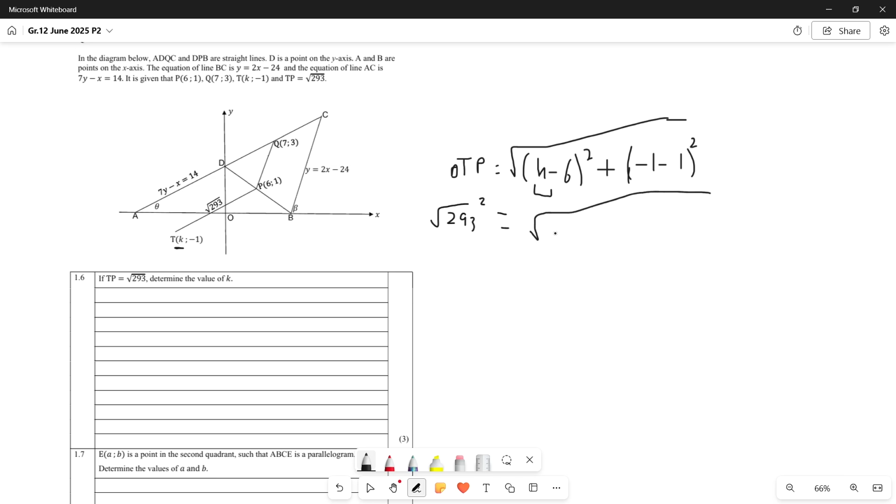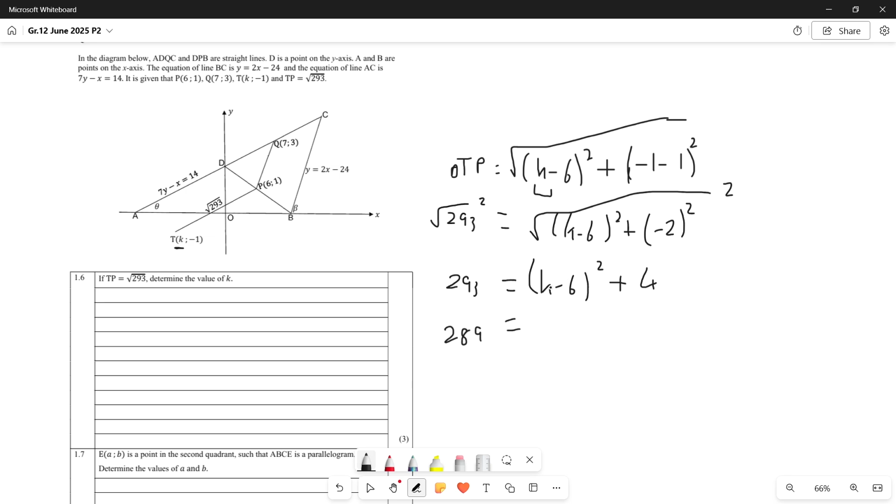So we have the square root here. We have (K minus 6) squared plus (minus 2) squared. And then we were just squaring here and squaring here to drop the square root on both sides. So we have 293 over there, and then we have (K minus 6) squared plus (minus 2) squared, which is 4 over here. And then we can take the 4 over, which means we're left with 289 over there.